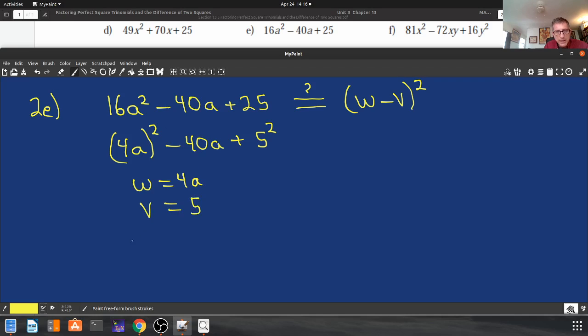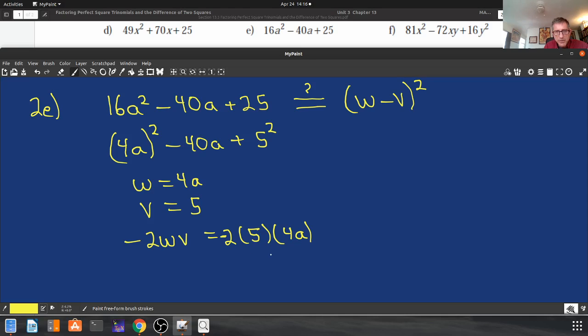Since that's a negative, I check the value of minus 2 times V times W, and that's a minus. Minus 2 times 5 is minus 10.